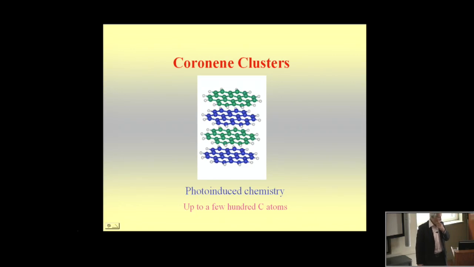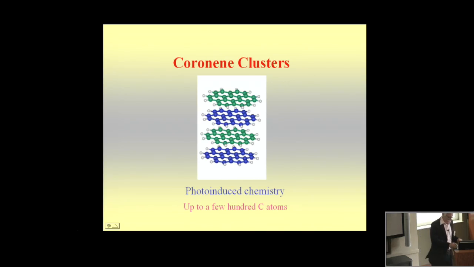In a different experiment, some years ago, we have been doing experiments on the photo-induced chemistry of coronene clusters. It's already a large molecule, but not only is it a large molecule, you put a number of them together, packed by Van der Waals interaction, and shine a laser and see what happens.